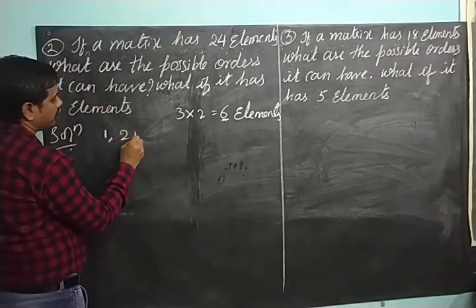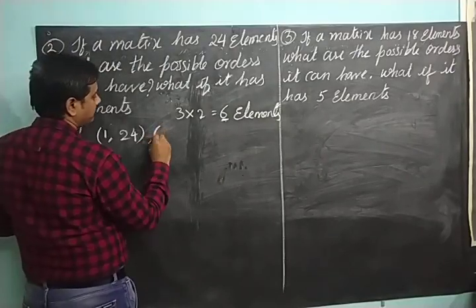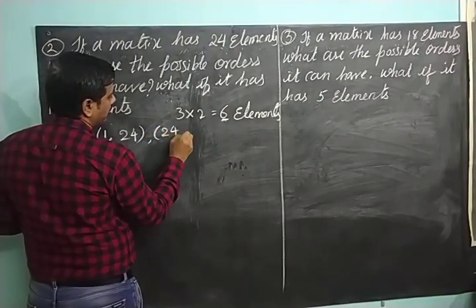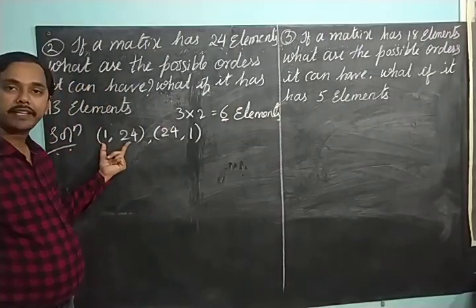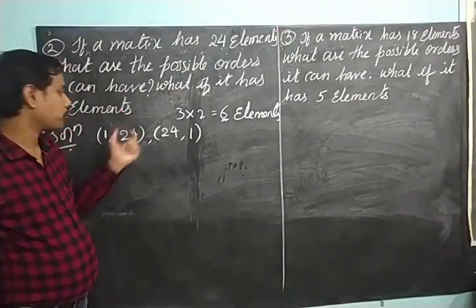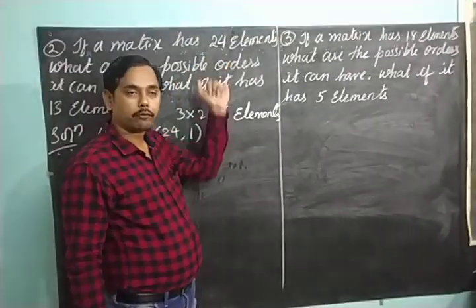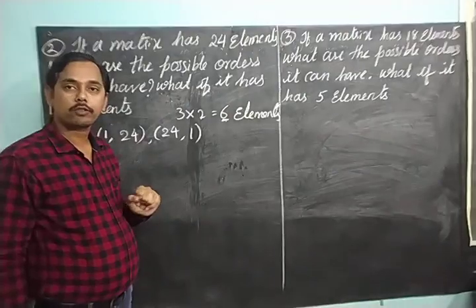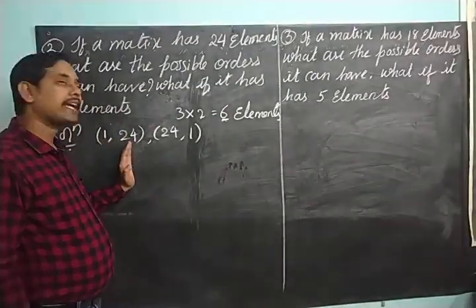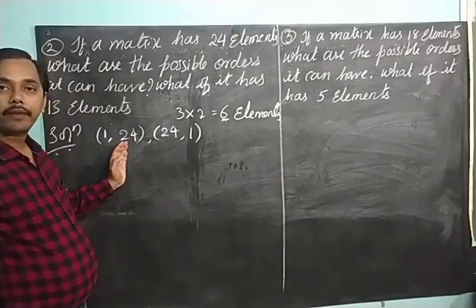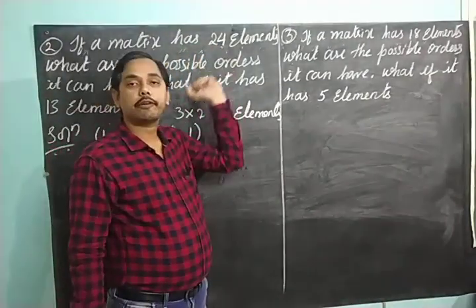One comma 24, or 24 comma 1. So you can see here 1 and 24 are the factors of 24. That is 1 into 24 will give you 24, or 24 into 1 will also give you 24. So if there is one row and 24 columns, then there will be 24 elements.